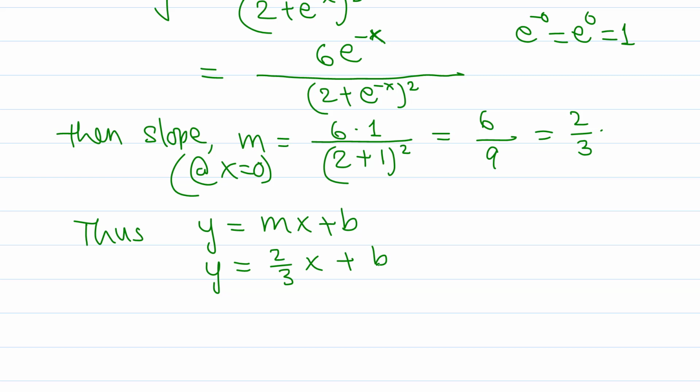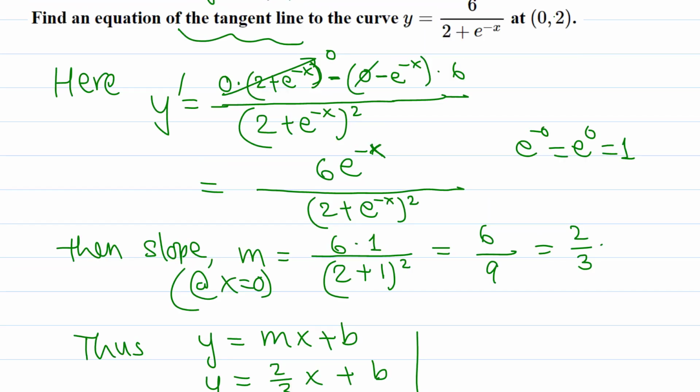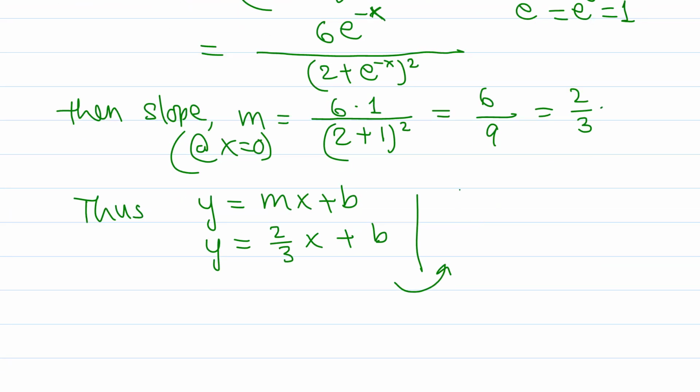To determine b, we use the point 0, 2. Using x, y, so y is 2 equals 2/3 times x is 0 plus b, this is 0, so 2 equals b, or b equals 2.